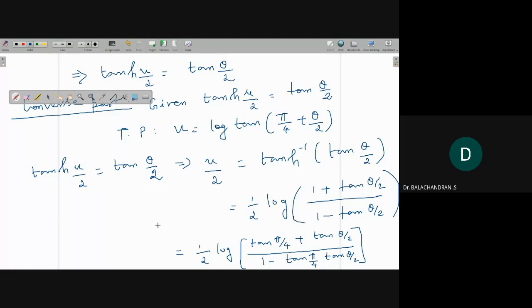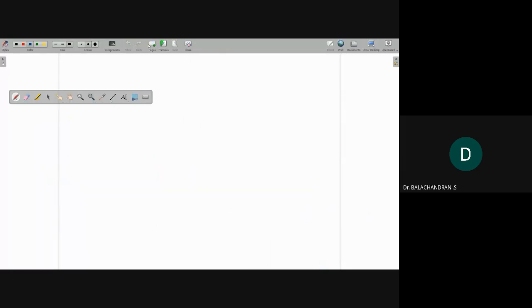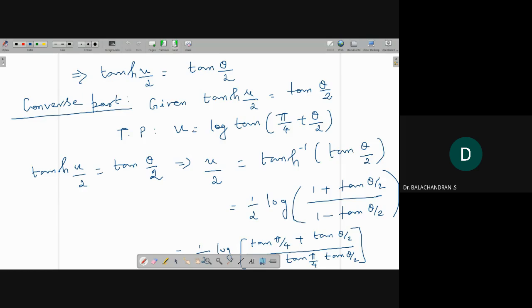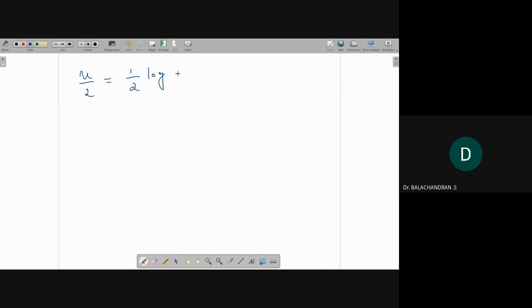So now this is actually the tan of a plus b formula. So what is the left hand side? u by 2 equal to 1 by 2 log tan of a plus b.